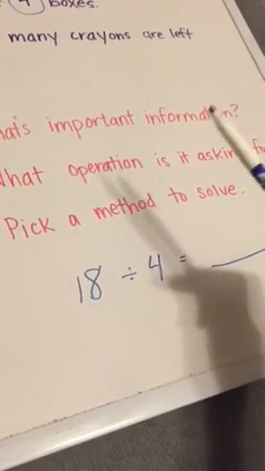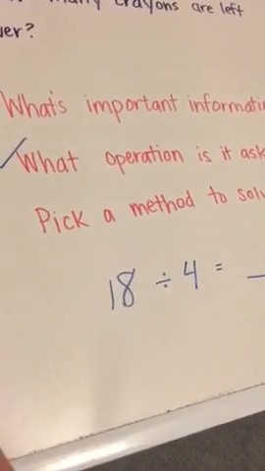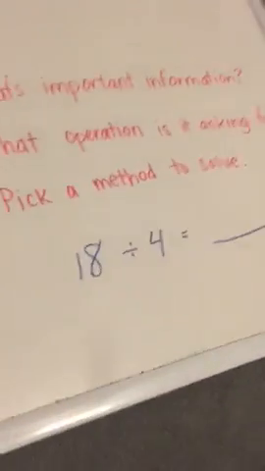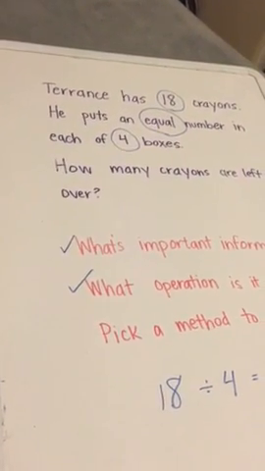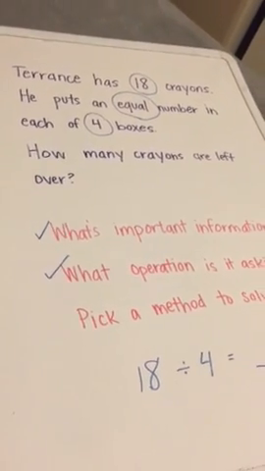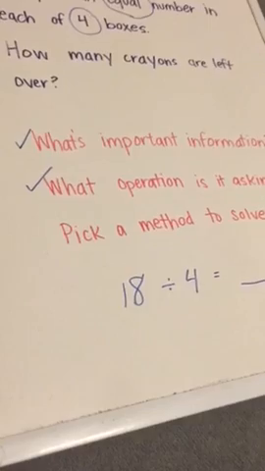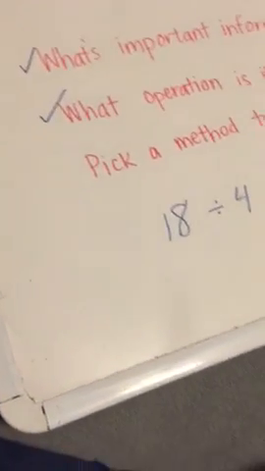I saw that you and your mom did drawing a picture. It's a really, really great method, especially for beginner division problems. But when you get into bigger problems, like if you had 150 crayons into 27 boxes, that method won't work anymore because that's too time consuming. But for this problem, it will work, and then I can show you more of a numerical method as well that will work for bigger problems.